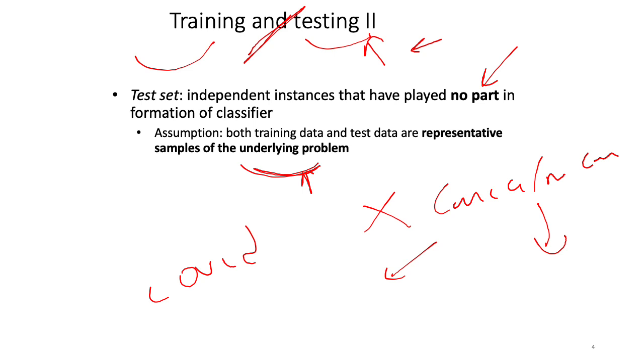Okay, so you should represent the same underlying problem, so stick with the same cancer or non-cancer topic. But then, for instance, during training, you are using data from a hospital in Tampa versus in testing, you are using data of patients from a hospital in Miami, right?